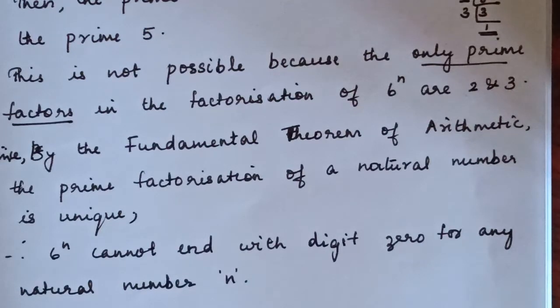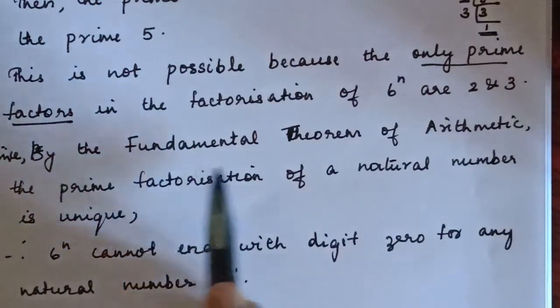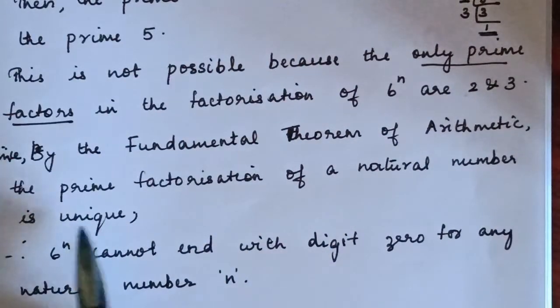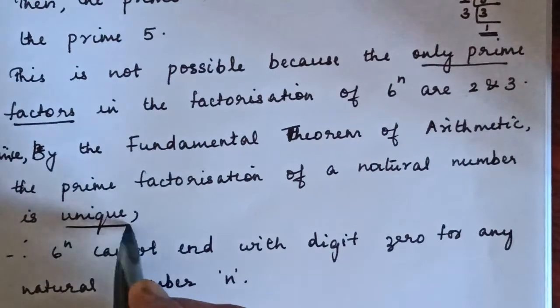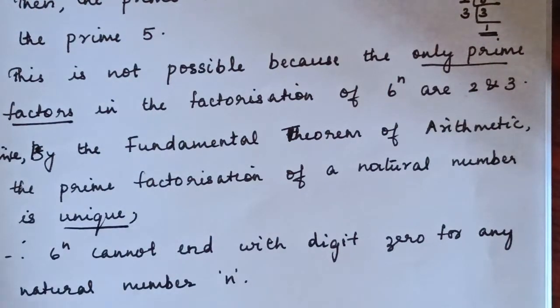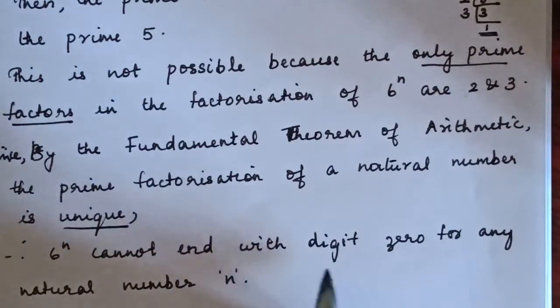Every composite number can be expressed or factorized as a product of primes, and this factorization is unique apart from the order in which the prime factors occur. However you factorize, you will get only two factors, 2 and 3. So according to the fundamental theorem of arithmetic, this prime factorization is unique. Therefore, 6 raised to n cannot end with the digit 0 for any natural number n.